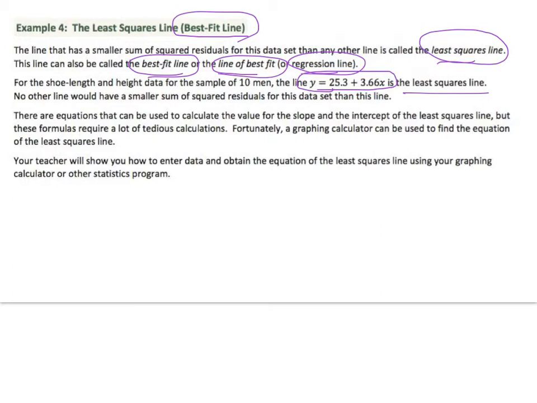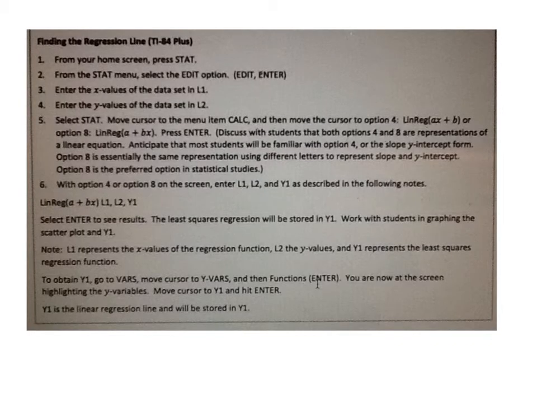There are equations that can be used to calculate the value for the slope and the intercept of the least squares line, but these formulas require a lot of tedious calculations. Fortunately, a graphing calculator can be used to find the equation of the least squares line. I'm going to show you how to do that, but I think I copied in here how to do it too. If not, I'll copy it in real quick. Okay, I'll print this out for you guys so you can have it handy.